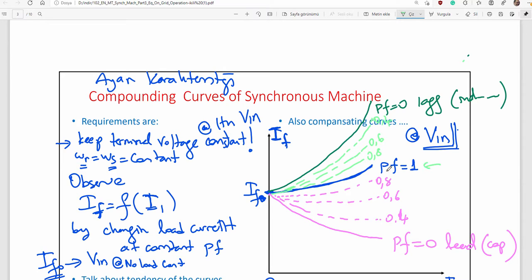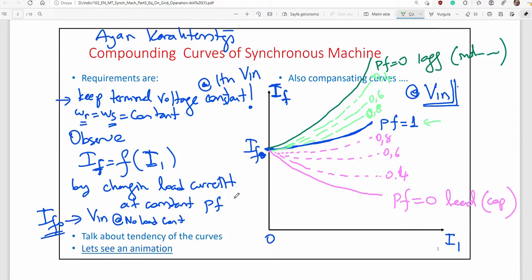You are 1 here, so 0.8 is here. Those are called compounding curves. Those are the strategy to change field current to keep terminal voltage constant. We make some compensation. Those are compensating curves.